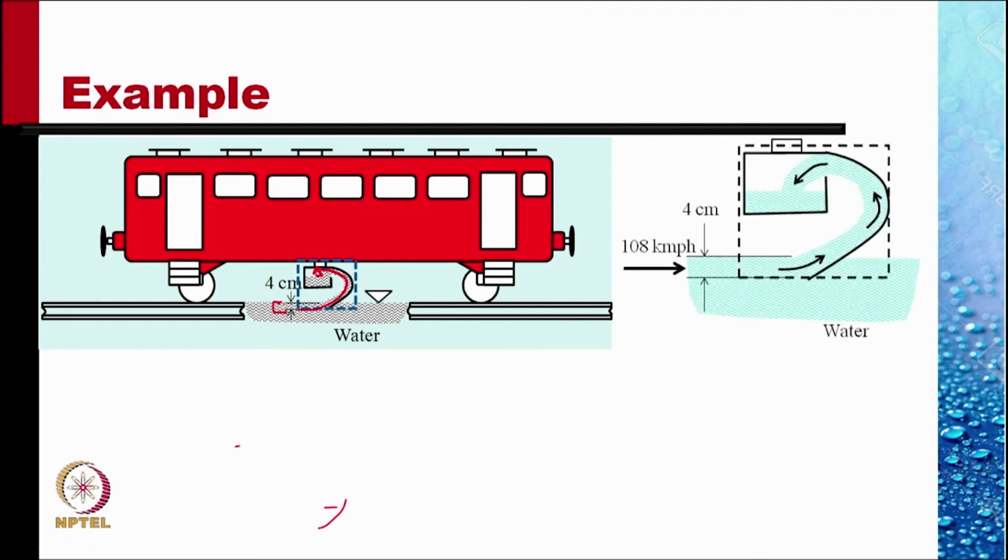This is the control volume that we use. The speed of the train is 108 kmph. There is no exit of water. So the water is continually being accumulated inside the tank, inside the control volume. All right.